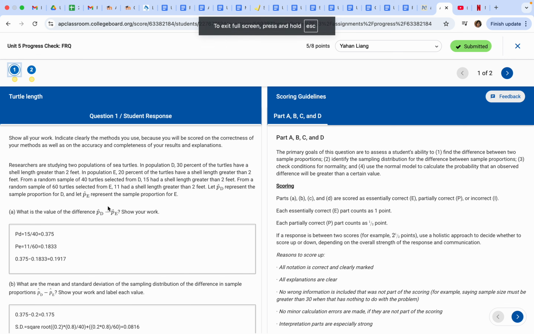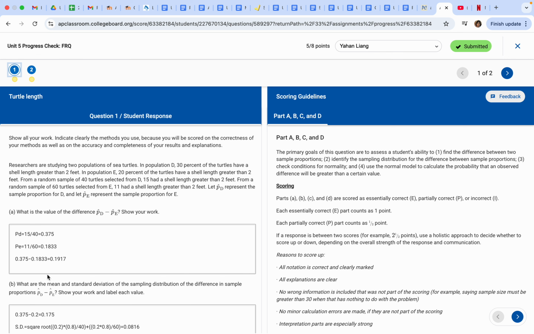So when we look at this, we're given information about the population. So we have 30% of turtles have a shell length greater than 2, and in population E, 20% have a shell length greater than 2. And then they take a random sample of the turtles from both groups, right?